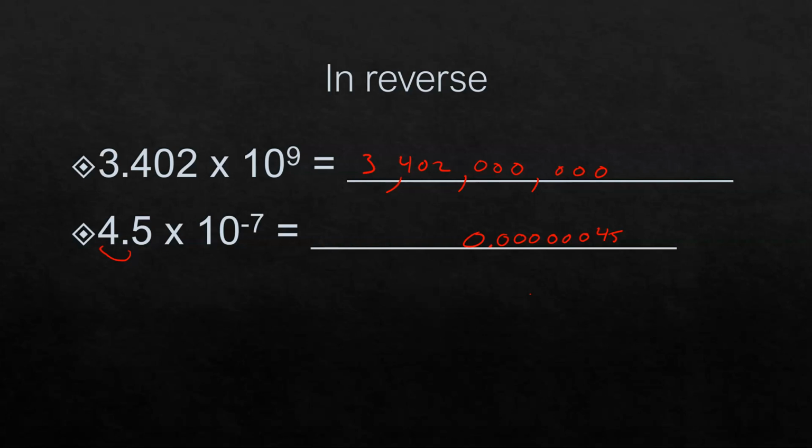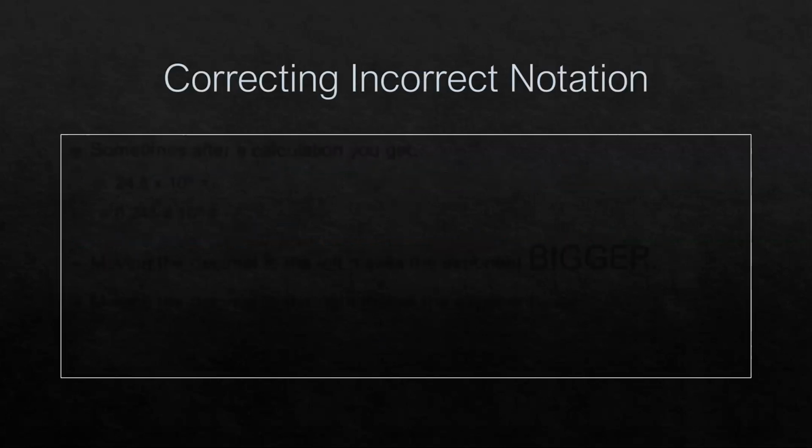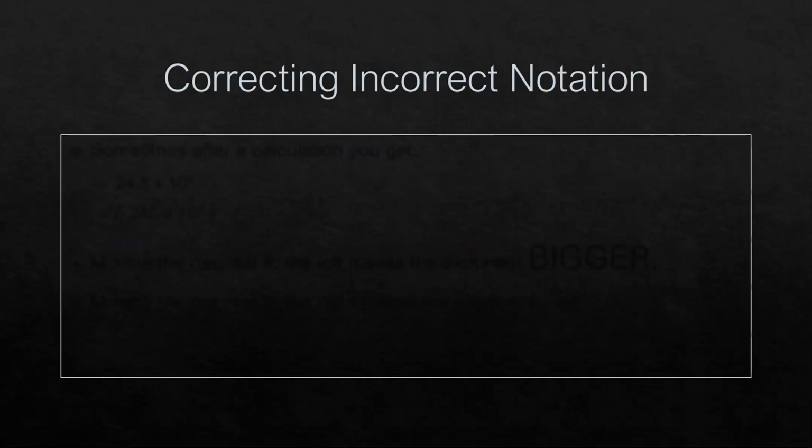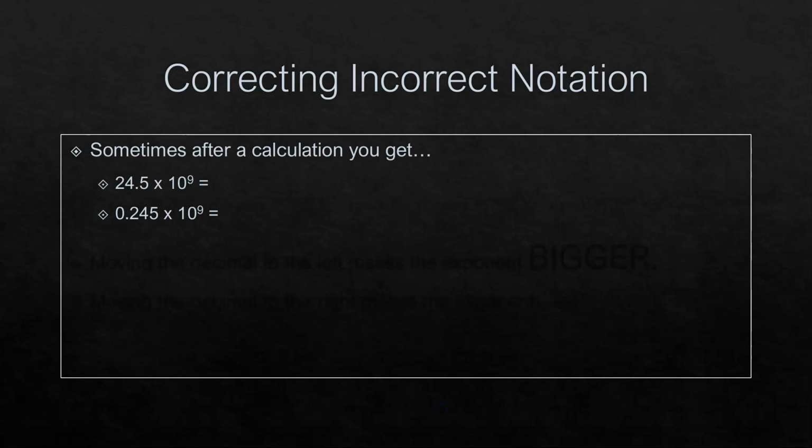All right, we will practice this some more in class. I just wanted to introduce you guys to the process of converting numbers into and out of scientific notation. Now, we need to eventually sometimes correct incorrect notation. All right, so sometimes after a calculation, you get a number in scientific notation, but it's not written correctly. So what's wrong with this number, for example, is there are two non-zero digits in front of the decimal instead of one, right?